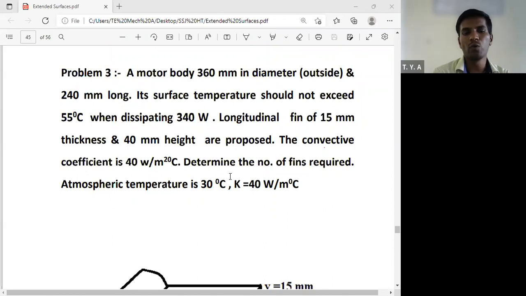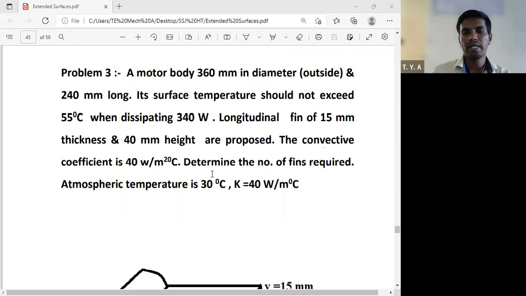The convective coefficient is 40 watt per meter square degree Celsius.